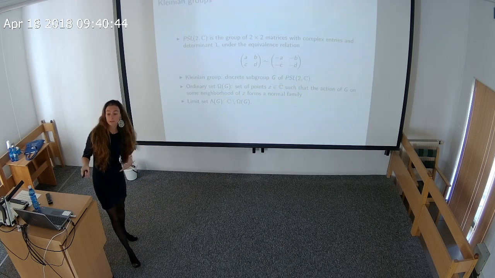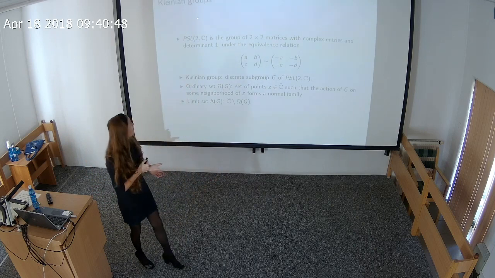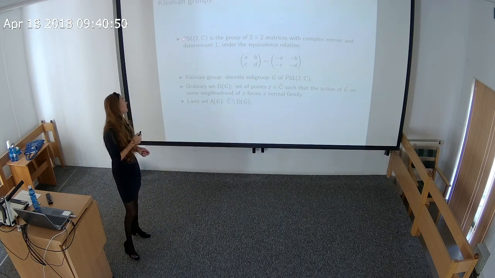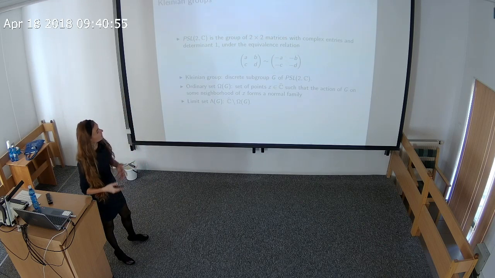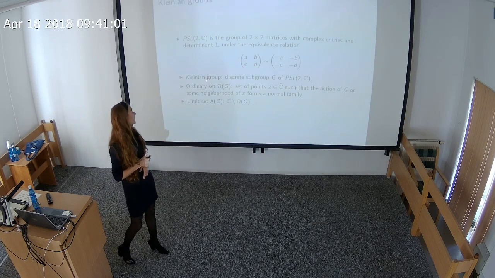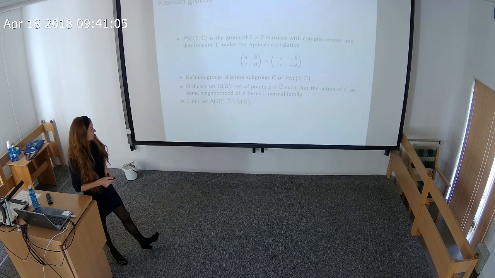On the other hand, let's jump to another world, the world of Kleinian groups. We can consider PSL2C, the group of 2 times 2 matrices with complex entries and determinant 1 under this equivalence relation. And a Kleinian group is a discrete subgroup of PSL2C.